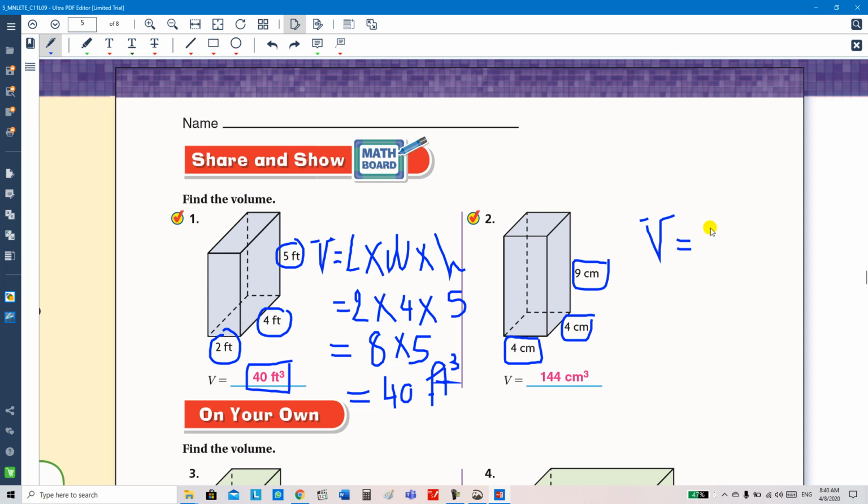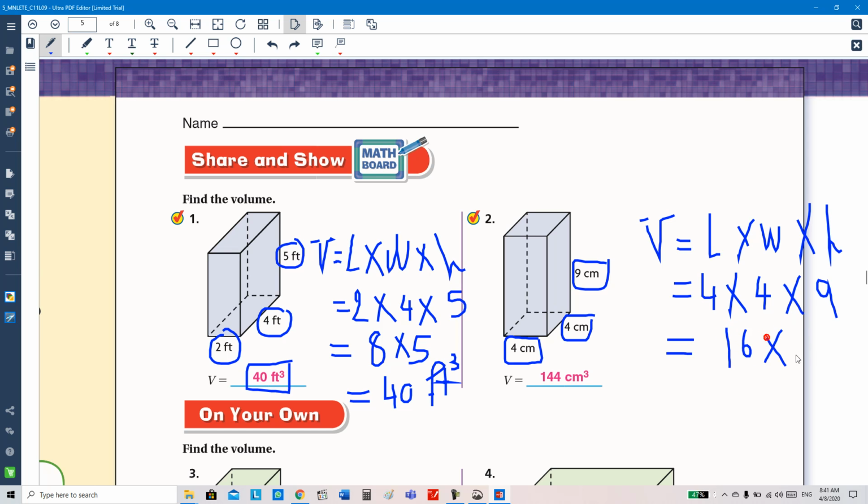apply the formula, length by width by height equals length equal 4, width equal 4, and height equals 9. 4 multiplied by 4 equals 16 by 9.